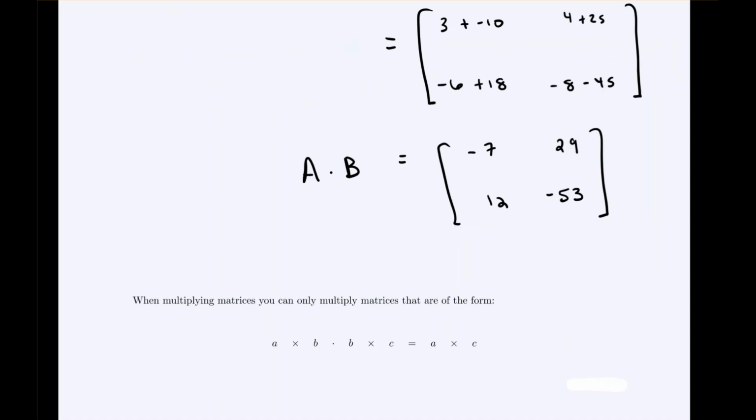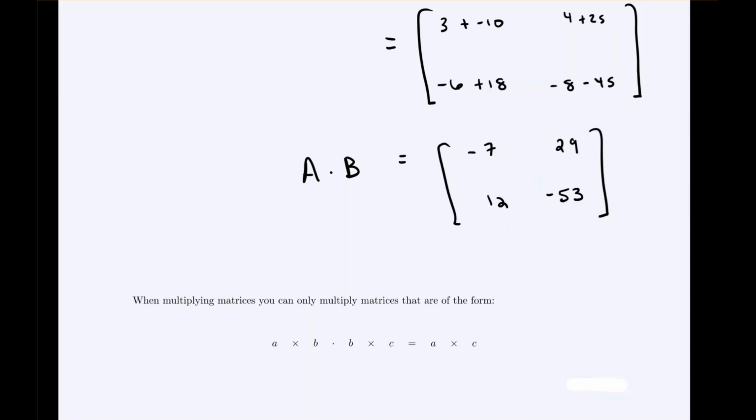Now there's a pattern in what will be the size of the resulting matrix when you multiply. Since this matrix has 2 rows and 2 columns, we would call this a 2 by 2.